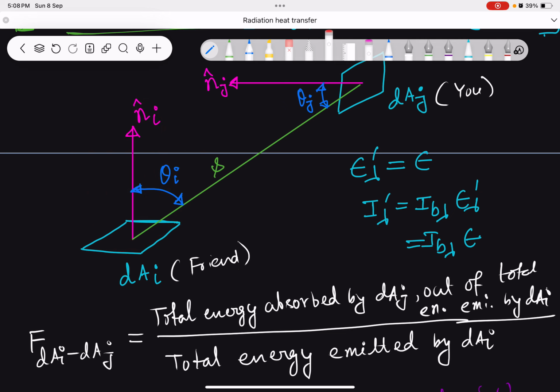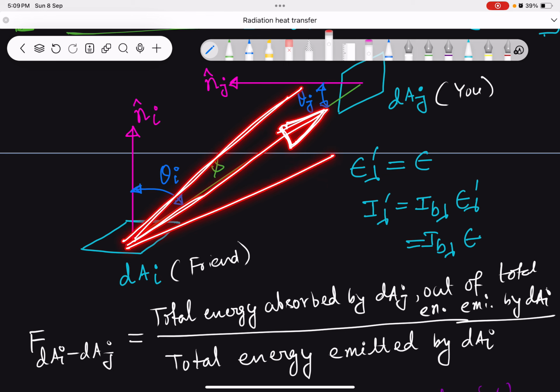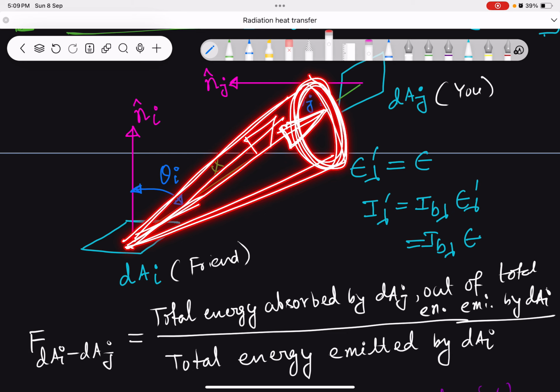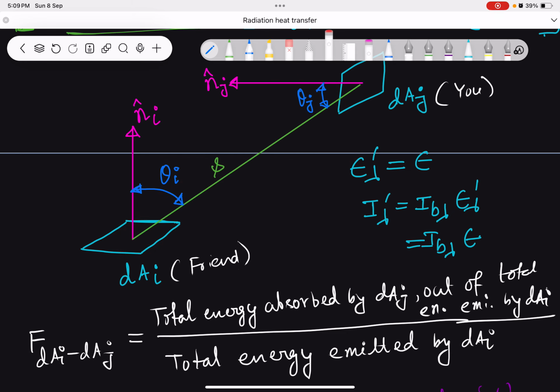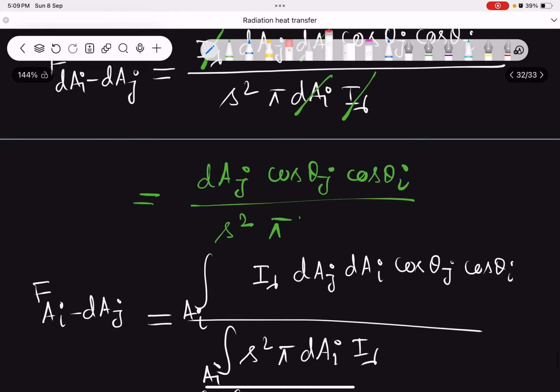But I am interested in the amount of energy that is emitted only in this direction. In this direction I can have a solid angle. Now in this solid angle, how many radiation rays can be there? That is the basic concept.